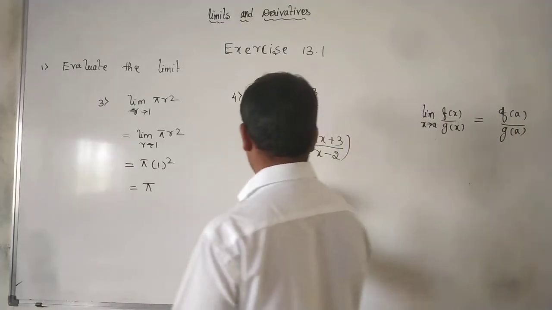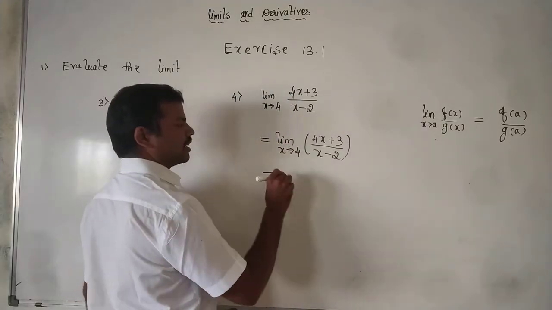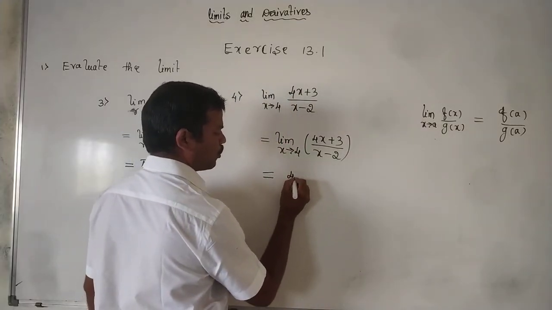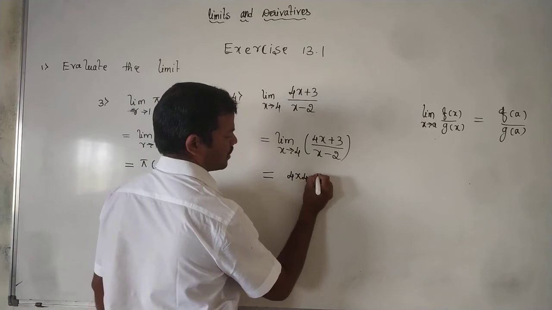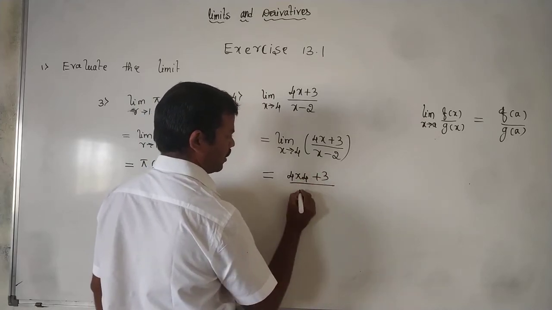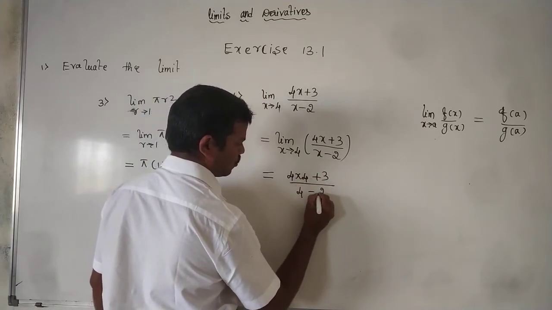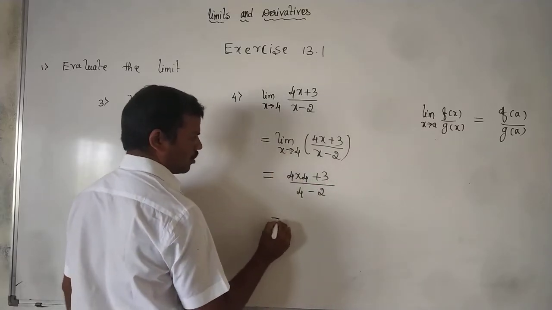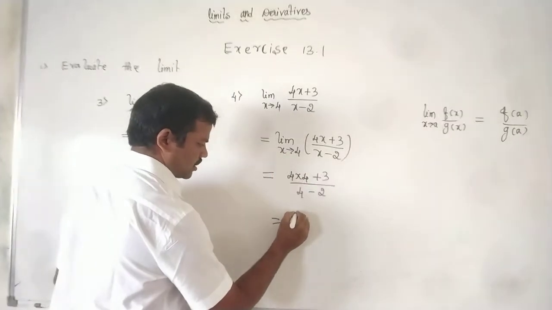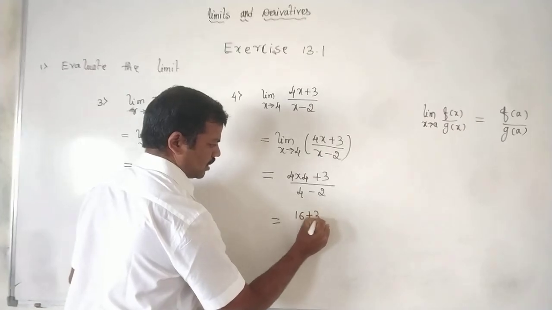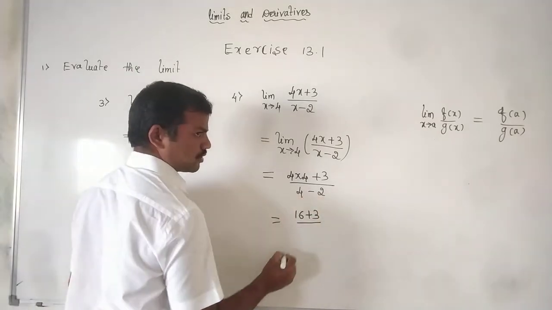So substitute, where there was x, put 4. 4 into 4 plus 3 divided by 4 minus 2. 4 4s are 16. 16 plus 3 divided by 4 minus 2.